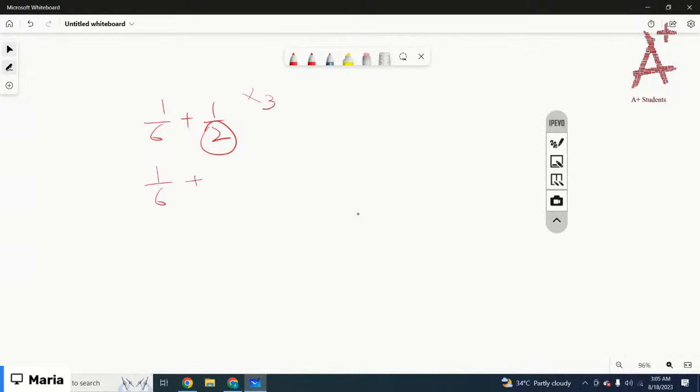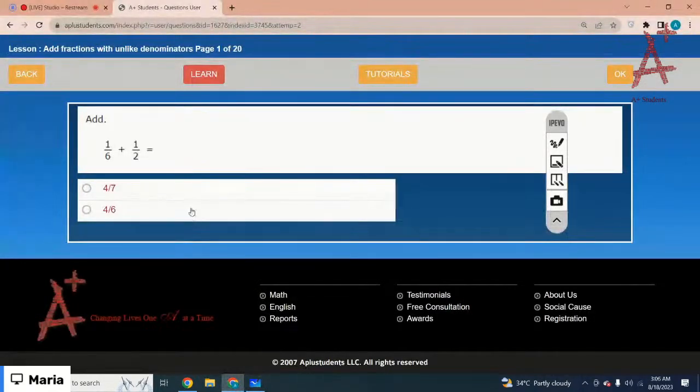So it will be 1 over 6 plus 1 times 3 divided by 2 times 3, right? So it is 1 over 6 and 3 times 1 is 3, 3 over 6, right? So they have the same denominators, just add their numerators. So 3 plus 1 is 4 over 6. So the correct option is 4 over 6.